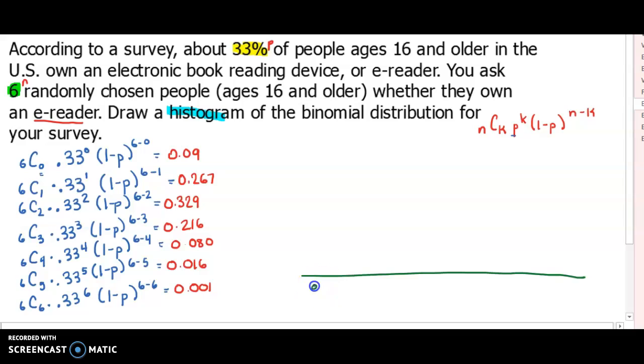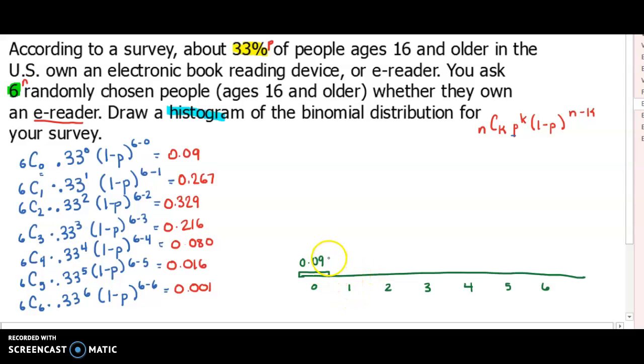I have 0, 1, 2, 3, 4, 5, and 6. Okay, so my probability of 0 people having an e-reader is very minute. It's 0.09. I guess that's not too minute.